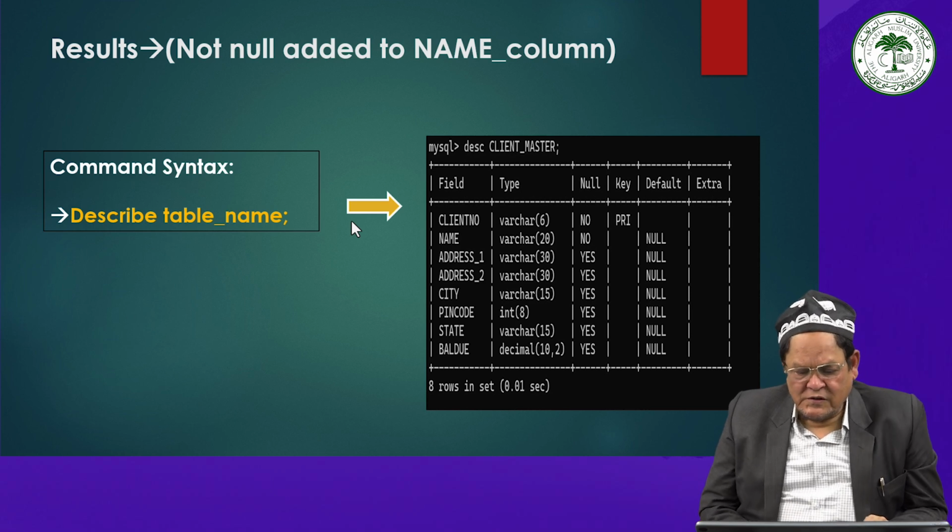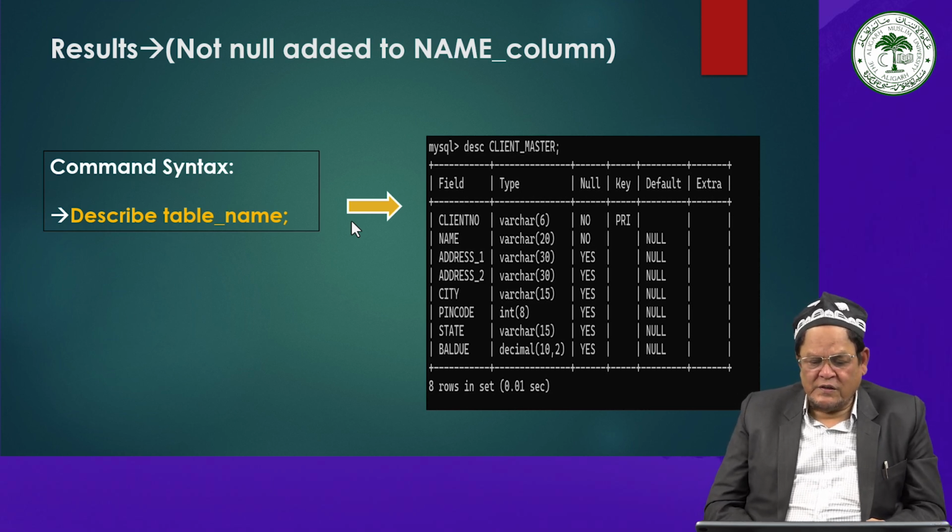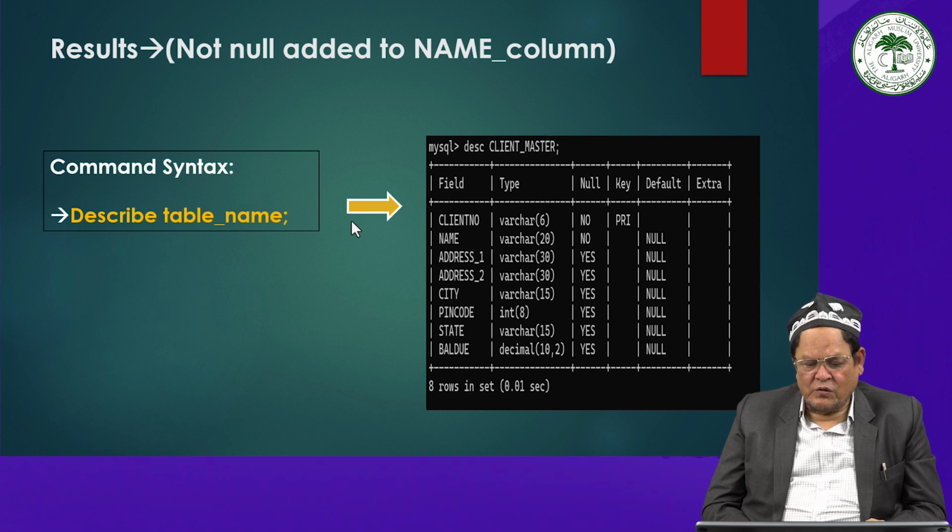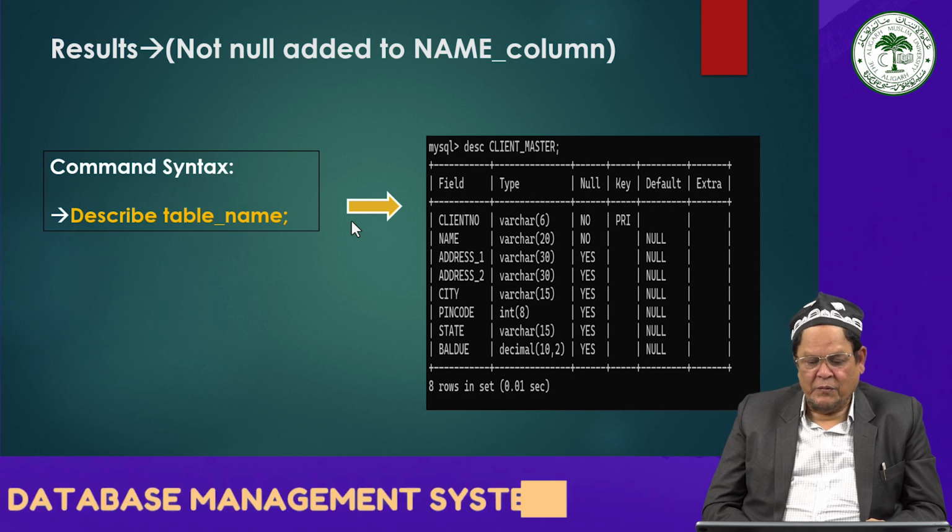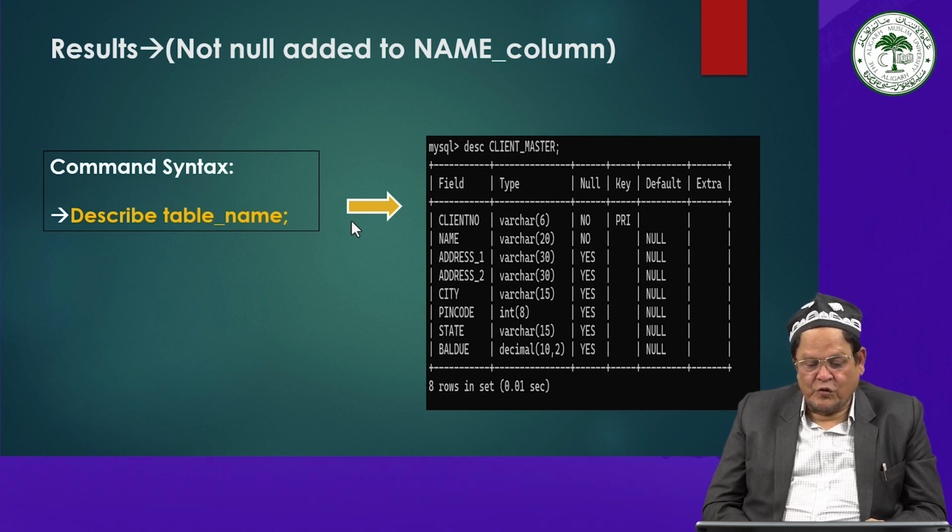See, in the first row is the client number, varchar 20. It is a primary key and it is not null. The second, name, which I have added as varchar 20, will become not null. It means when you want to add a record in the table, at that time you must give the name.